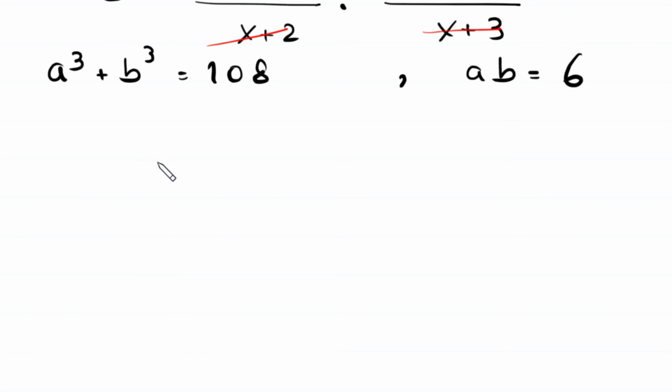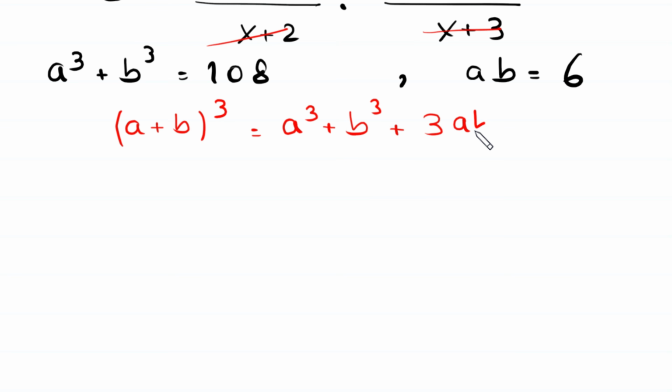Now we use this algebraic identity: (a+b) whole cubed equal to a cubed plus b cubed plus 3 times ab times (a+b). In this identity, we replace a cubed plus b cubed with 108 and ab with 6.